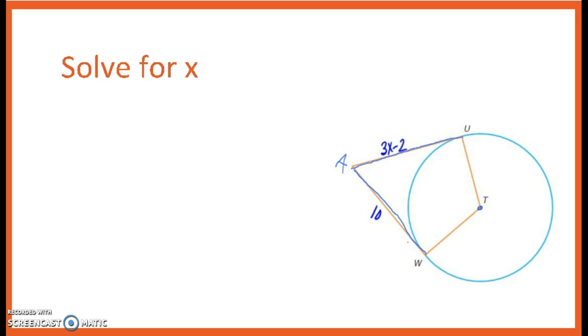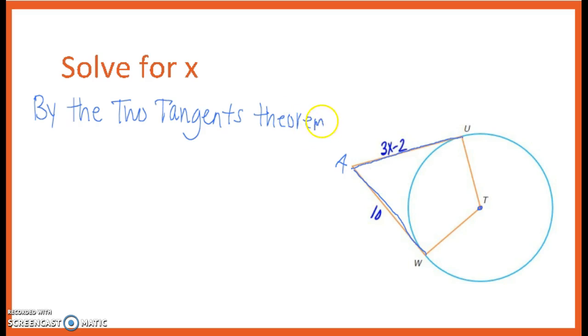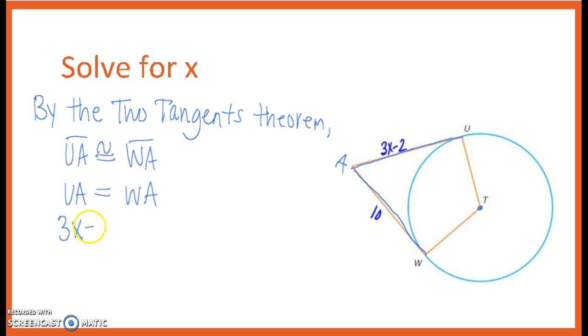And so because of our two tangents theorem, we know that segment UA is congruent to segment WA. And if two segments are congruent, we know that their lengths are just equal to each other. So UA has a length of 3x minus 2, and WA has a length of 10. So we need to solve this equation for x.